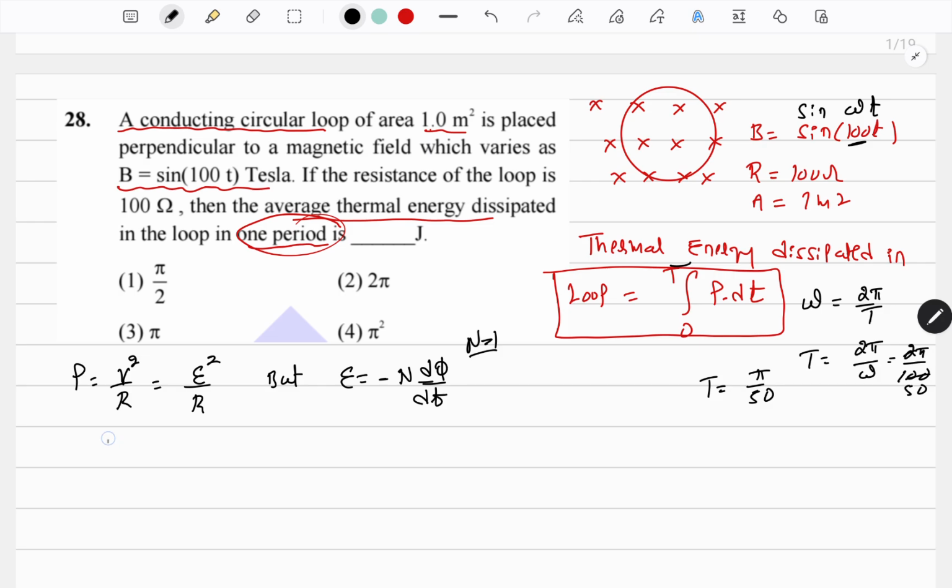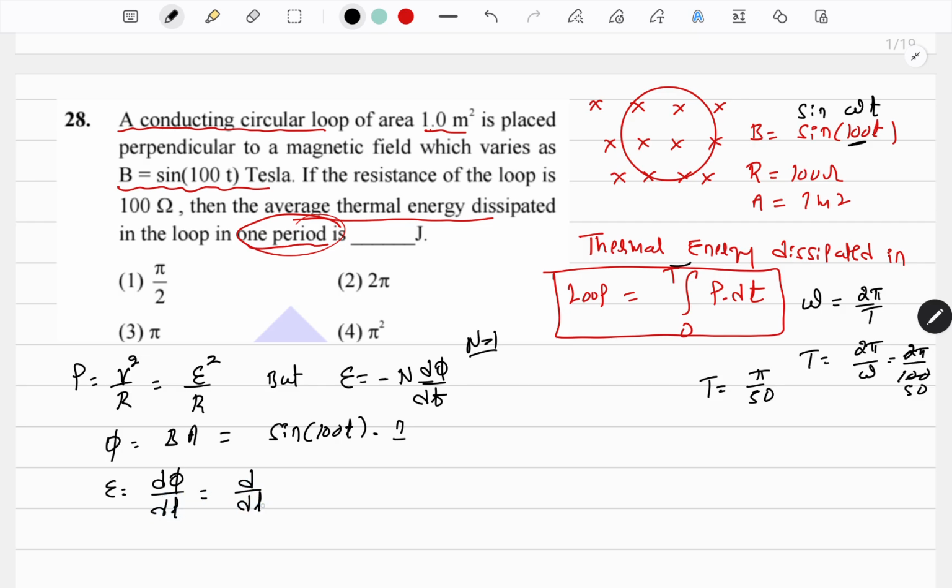Now how do we calculate the magnetic flux? Magnetic flux is the number of magnetic field lines passing through the area, so that is sin 100t into the area, which is 1. Then EMF is d phi B by dt.